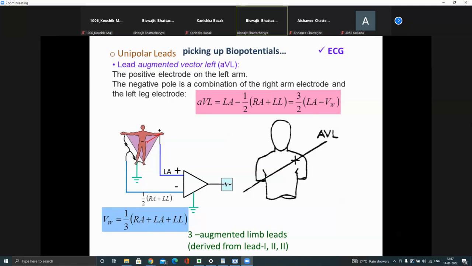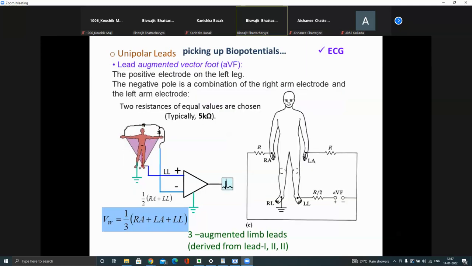The net heart voltage in that connection, the direction of the heart voltage will be in that particular direction. It is the AVL lead, augmented vector left.